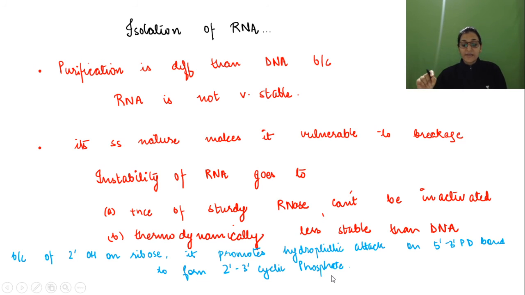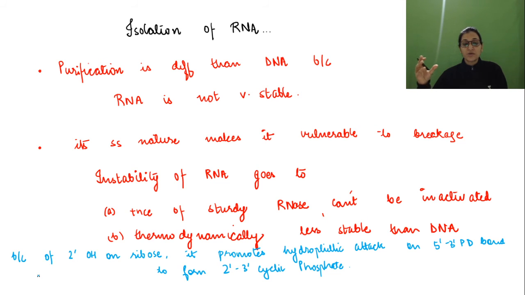Therefore, even if RNases are eliminated, if we get rid of RNases, this RNA purification can still be hindered, because the RNA can spontaneously degrade itself in the solution. So no matter if you get rid of RNases, the problem can still arise.